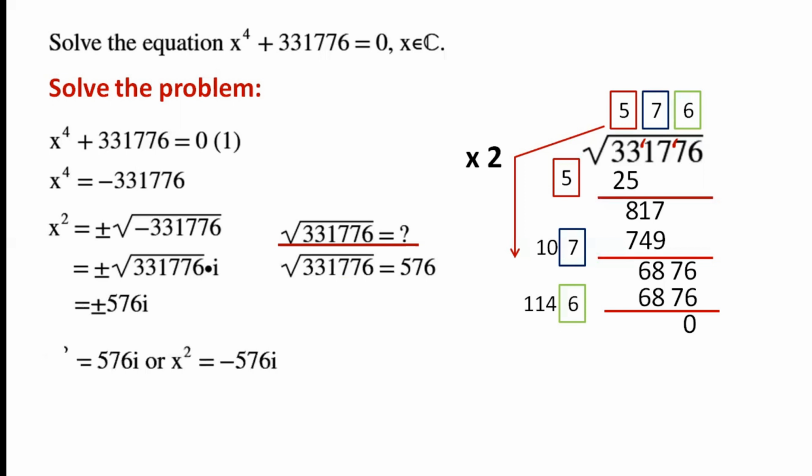576i. So either x squared equals 576i, or x squared equals minus 576i.